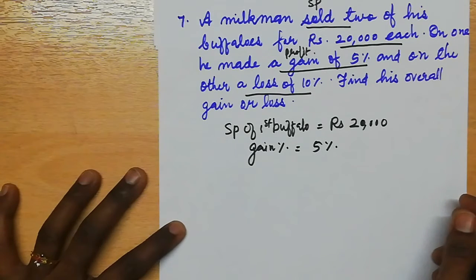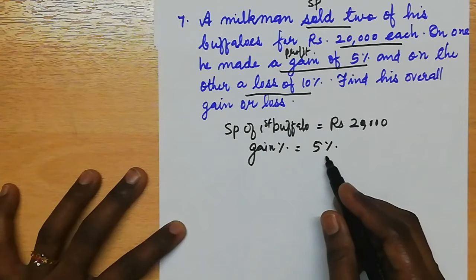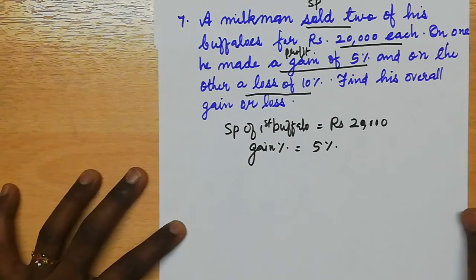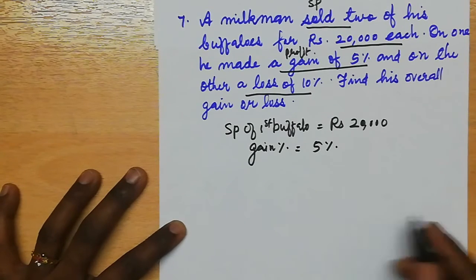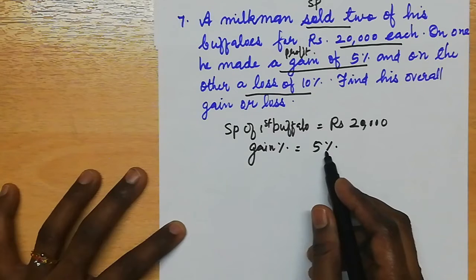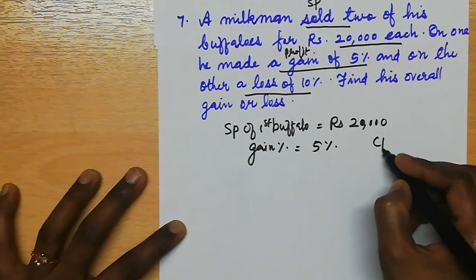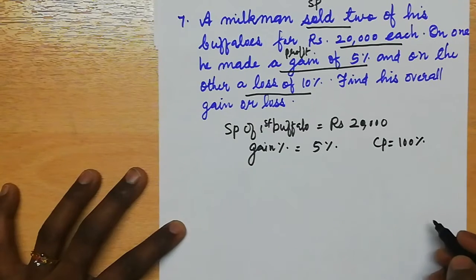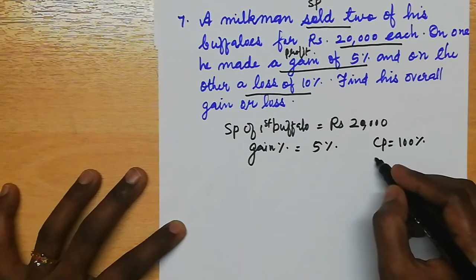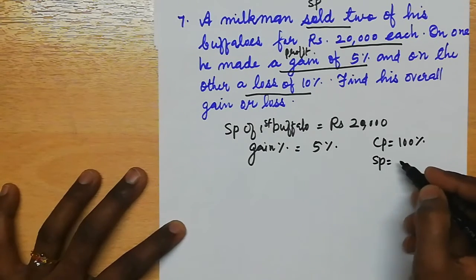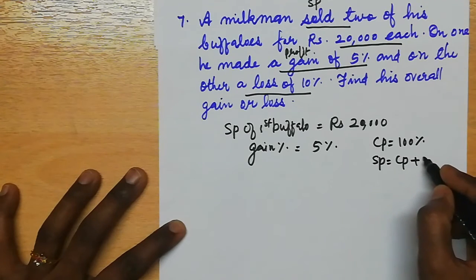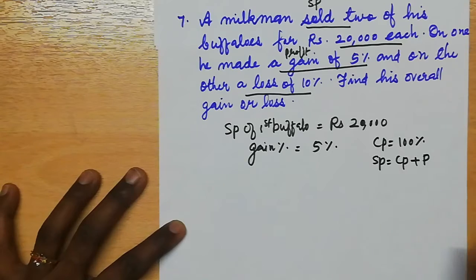Gain percentage means, whatever the cost price is, we should add 5% along with it. That is, 5% should be increased. Here, what is 5%? That is on the cost price. In that case, cost price we always consider as 100%. Clear? Then how is the selling price? Selling price always means cost price plus profit, if there is profit.